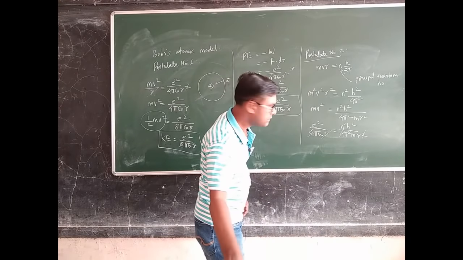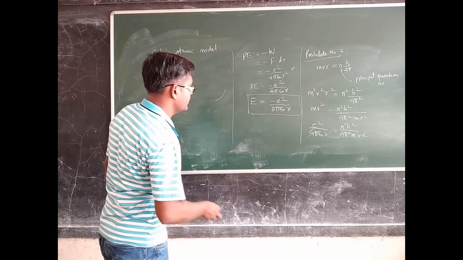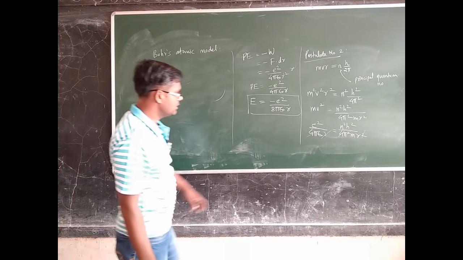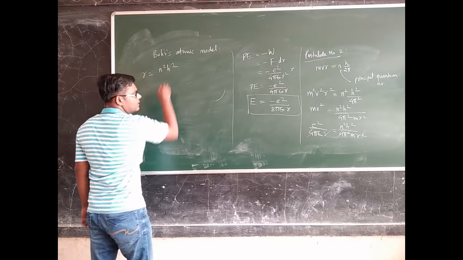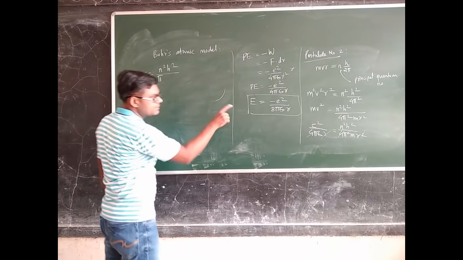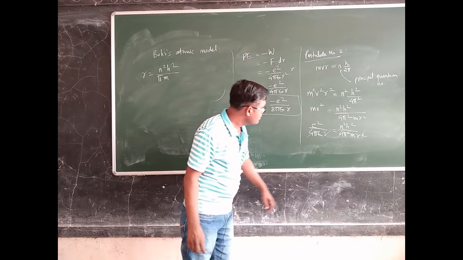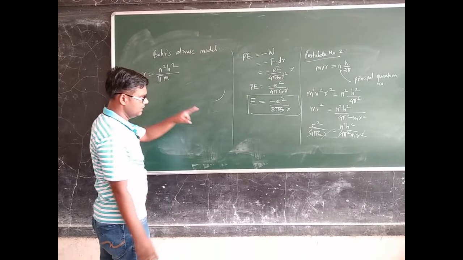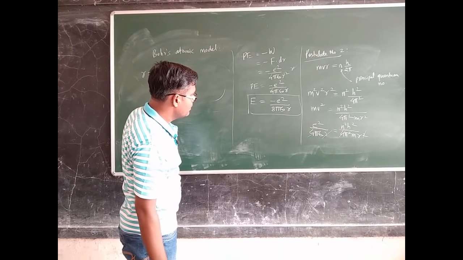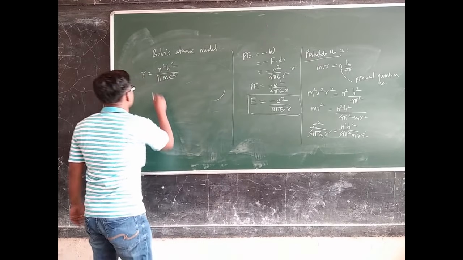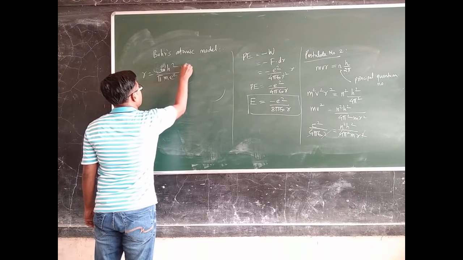Finally we get an expression for small r. r is equal to, I have taken this r to the left hand side, so let us rearrange things. n square h square we write first, n square h square divided by pi, one pi is left there, m, and here e square on the left hand side has to be brought into the denominator on the right hand side, e square, and epsilon 0 has to be taken there. So here epsilon 0, and here n square.